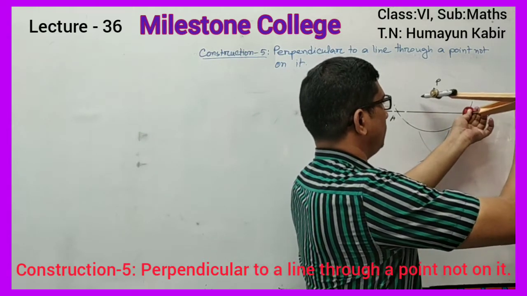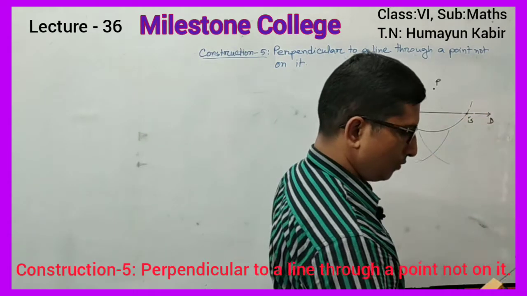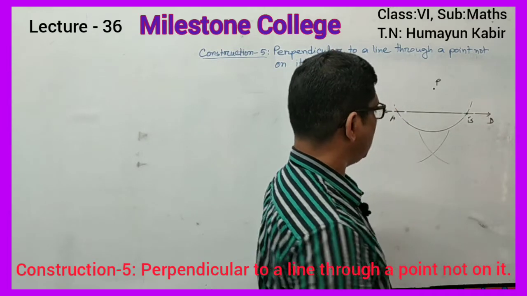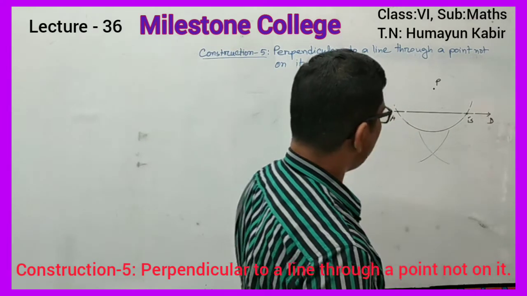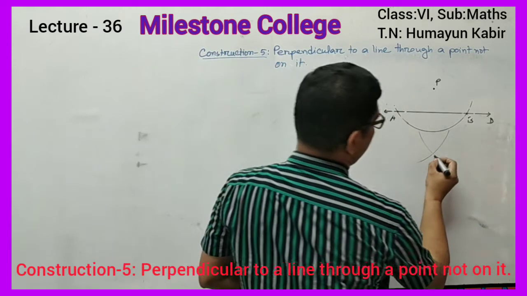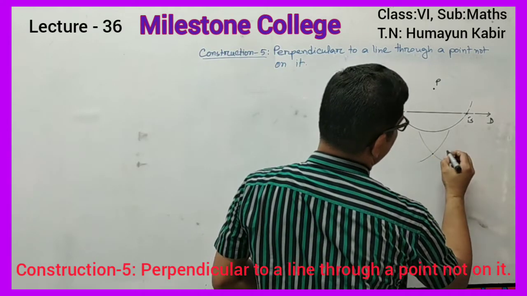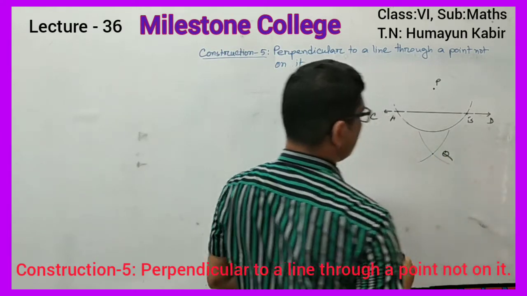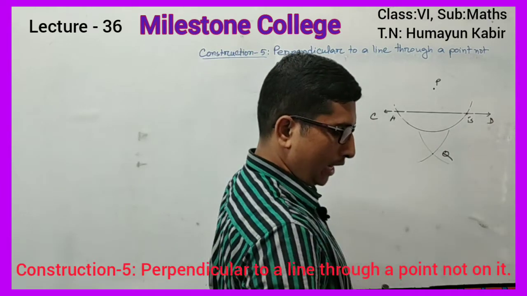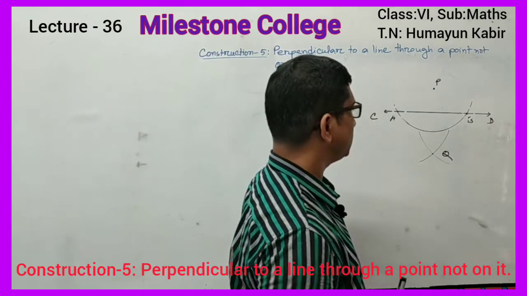Here these two arcs intersect at this point, suppose Q. Okay, now we will join P and Q.